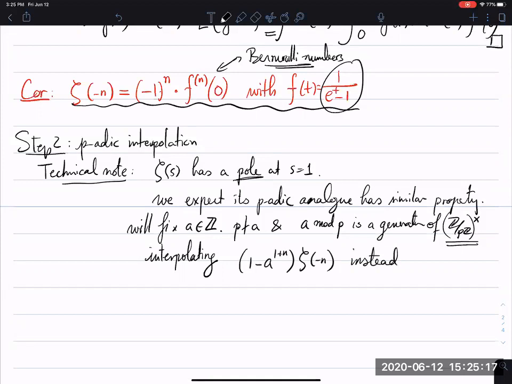And you see that this number is 0 if n is -1, of course. And it's divisible by p if n is congruent to -1 modulo p minus 1.